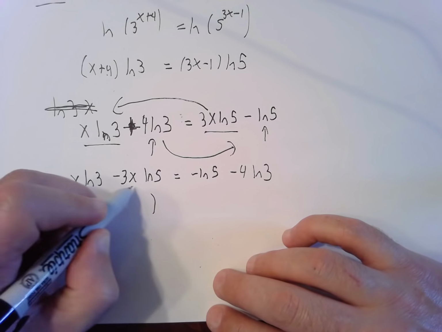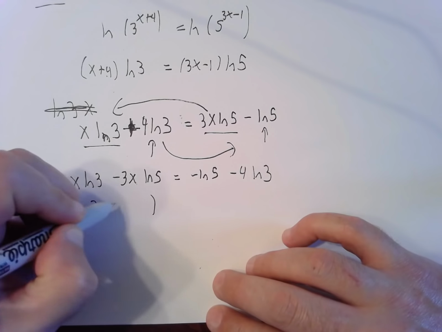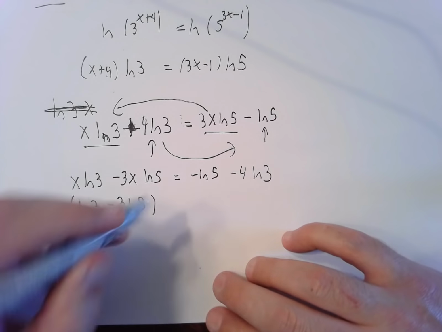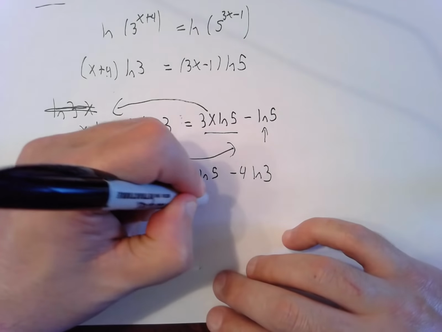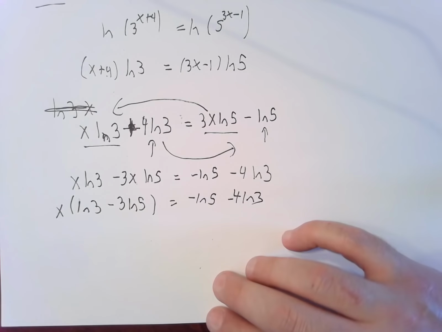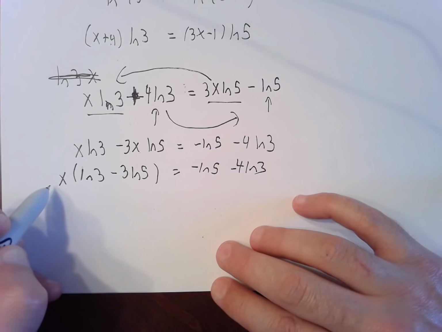Factoring out that x, I'll be left with ln of 3 minus 3 ln 5. I didn't do anything on the right side. It stays the same. Now that's just a number multiplying x.